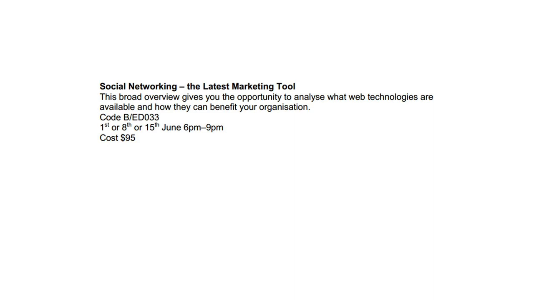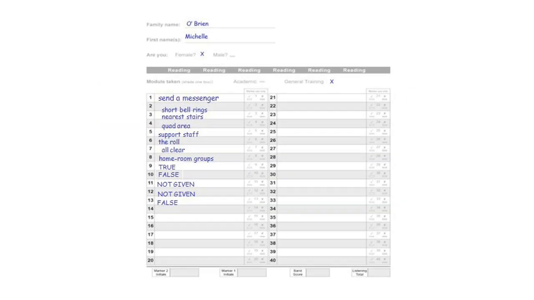It's on from the 1st or the 8th or the 15th of June from 6 p.m. to 9 p.m. and the cost is $95. We can see that this statement is false as it says in the text that it gives the opportunity to analyze what web technologies are available, whereas the statement talks about a specific website. On your answer sheet, write false for the 13th answer.